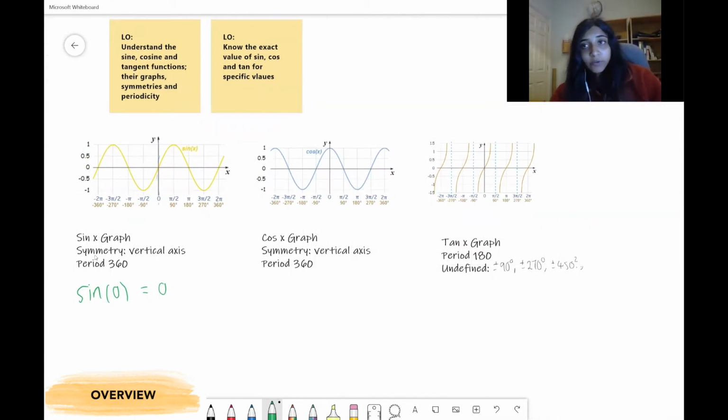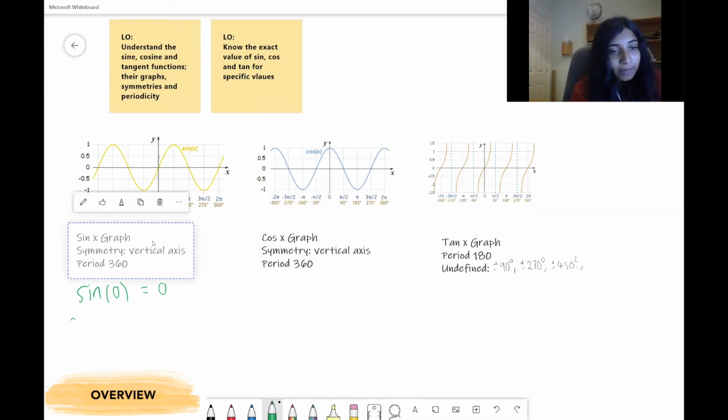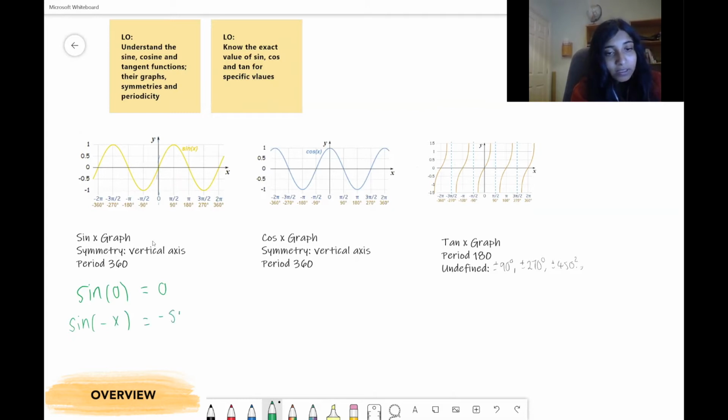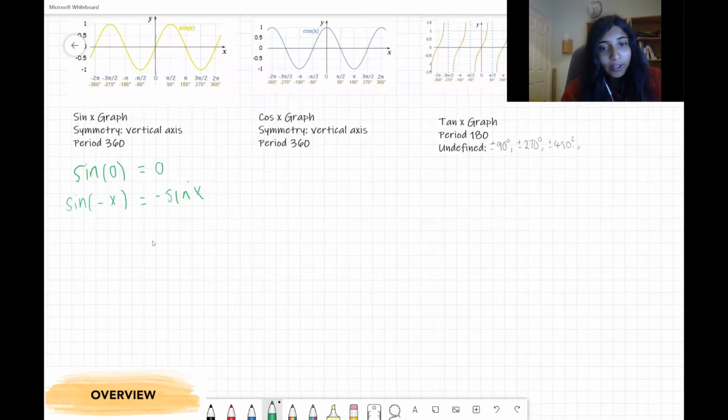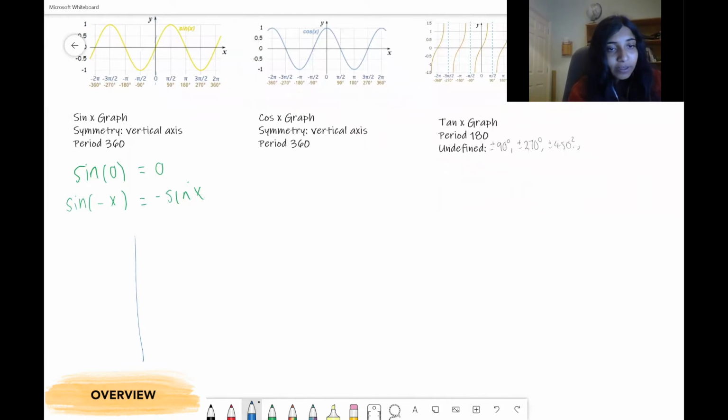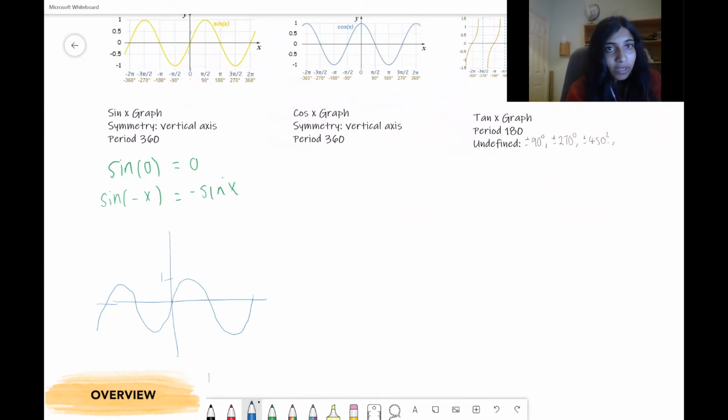The next property you need to know is symmetry. Here we have it's symmetrical in the vertical axis, and that means that if you did sine of minus x, that would be equal to minus sine of x. So if we try drawing these graphs, if we just drew sine x again, it would go like this. That's the shape of the graph, with this being 1, and then you have 90, 180 and 360.